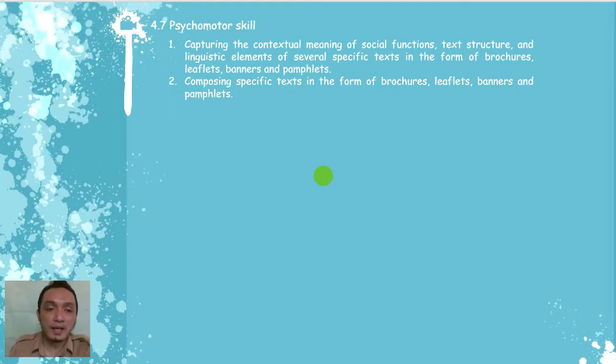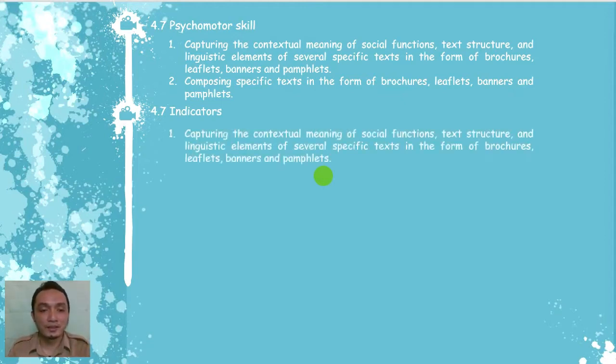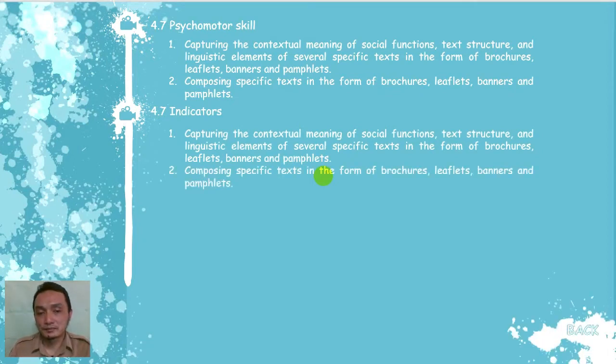It also applies to the indicators, because in psychomotor skill there are two contents that we should achieve to reach a goal. So as in the indicators, we should achieve two points as well: capturing and composing. So between the psychomotor skill contents and the indicators, there is a connection in learning.